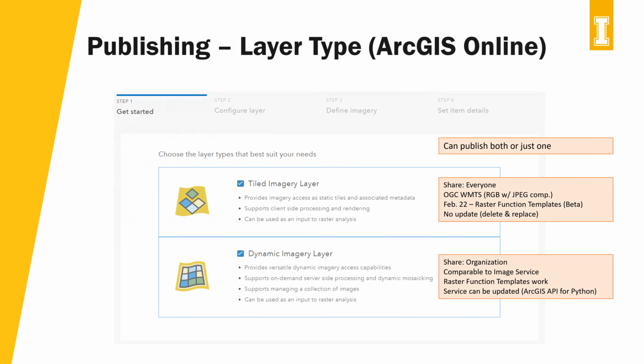When you publish a tiled imagery layer, you have the ability to share it with everyone, so you can share it anonymously out there on the web. Whereas the dynamic layer right now, you can only share at the organization level, so you can't share it publicly if you choose to create a dynamic imagery layer.